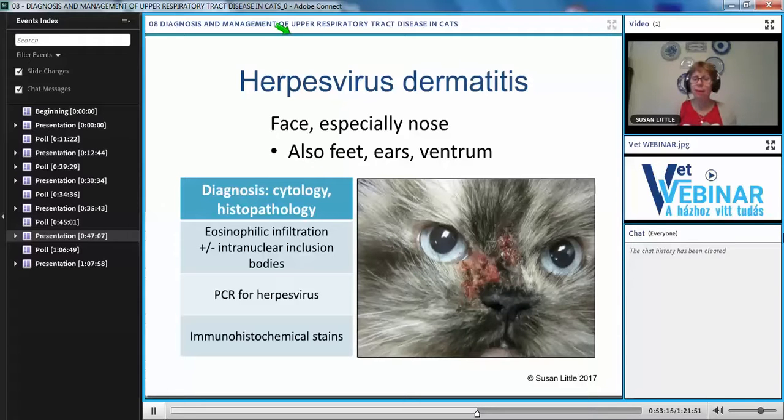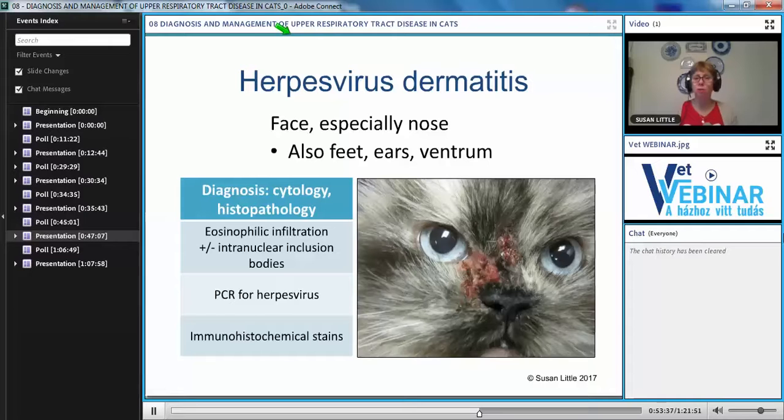It looks like a couple of other common skin diseases. The other rule-outs for these lesions are eosinophilic granuloma complex, ringworm infection, or a bacterial dermatitis. It's very ulcerative and crusting is what it looks like. We would diagnose this on cytology or histopathology.